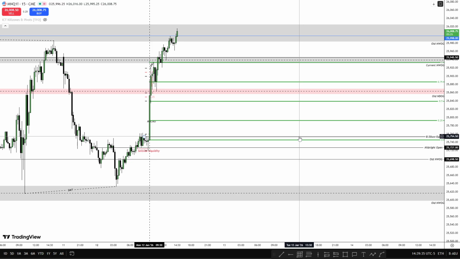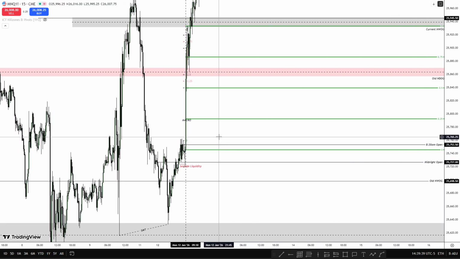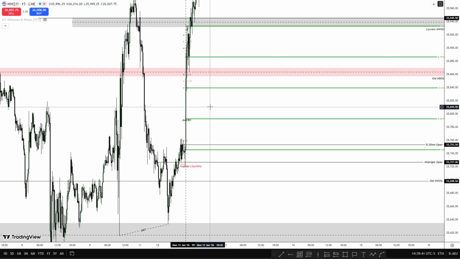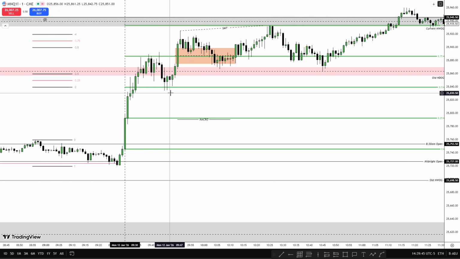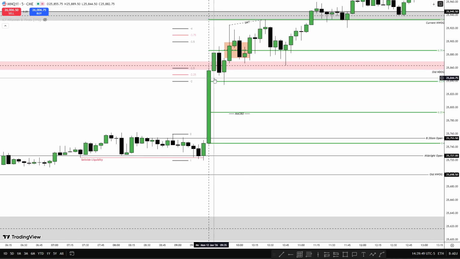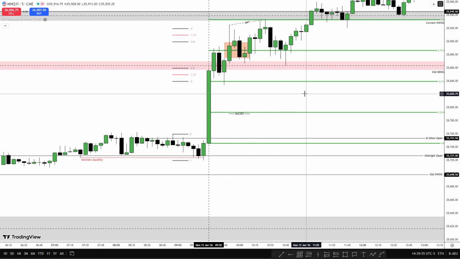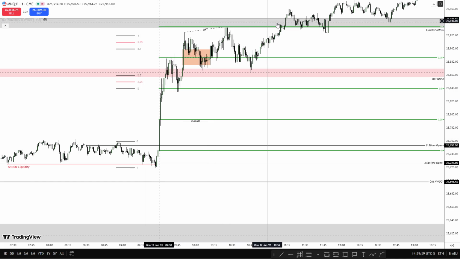I was bullish on the daily time frame, but I wasn't on the right side of the market, and there was no setup for me. I wouldn't take this retrace into the 5-minute buy side inefficiency, sell side imbalance. I wouldn't take that, even though we retrace into the equilibrium of the opening range gap.